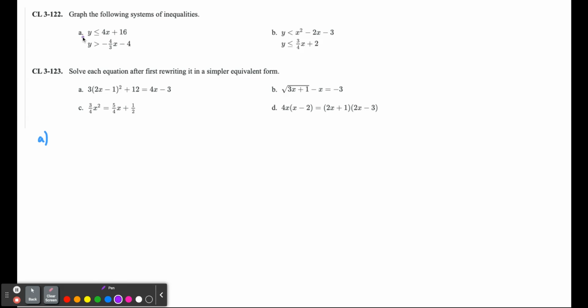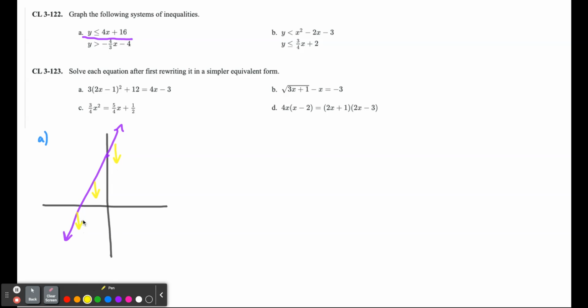So that has a y-intercept of 16 and a slope of 4. And it'll be solid. So it'll be something like that. That's a sketch. And then shaded, that'll be shaded below.